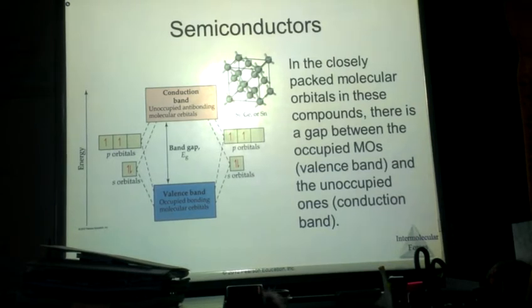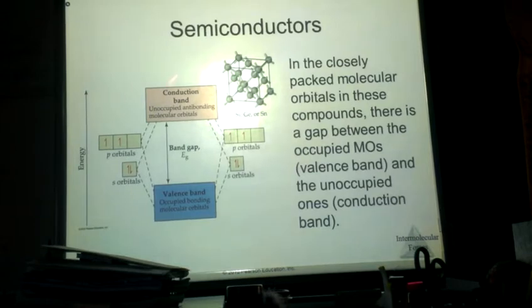And if I asked you to explain on more of a particulate level, so like what's happening in terms of their electrons, I would want you to go to the molecular orbital theory, and I would want you to tell me that semiconductors can be based on a couple different things. So what makes a semiconductor on the particulate level is that their valence band, meaning their bonding molecular orbitals, are close to being full, if not full.